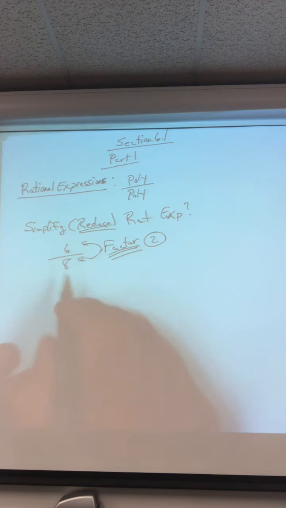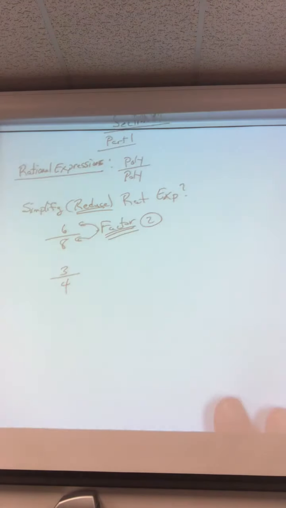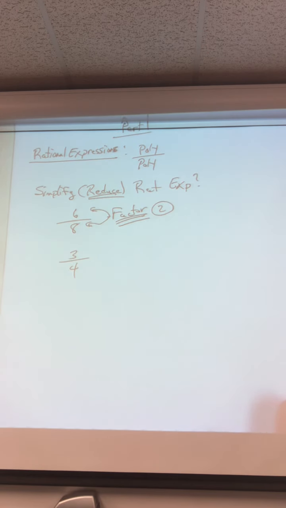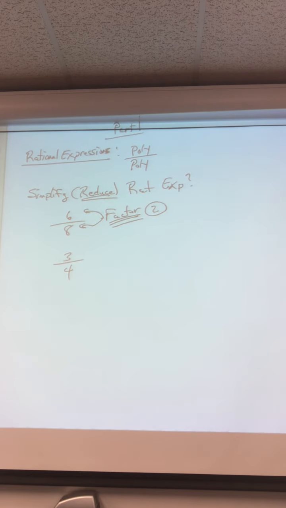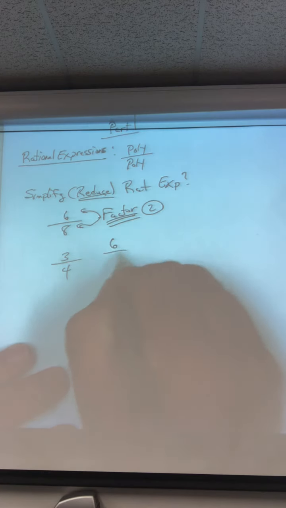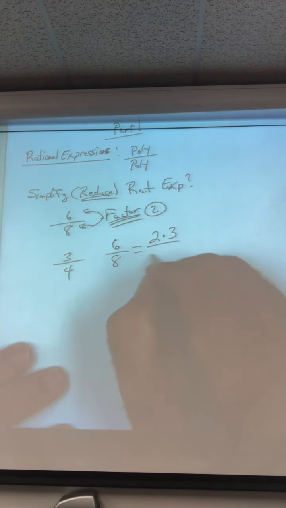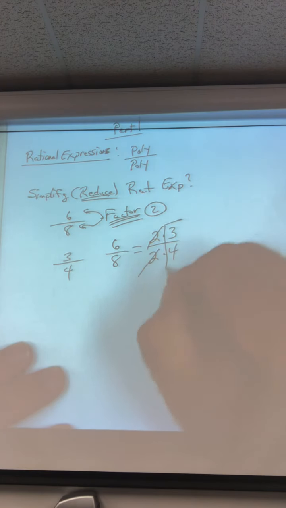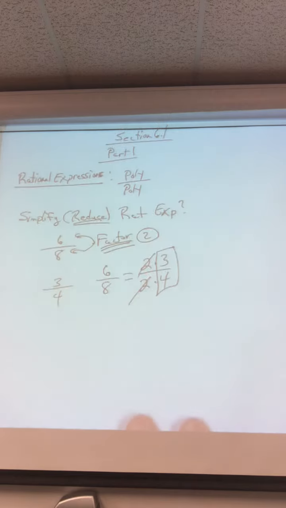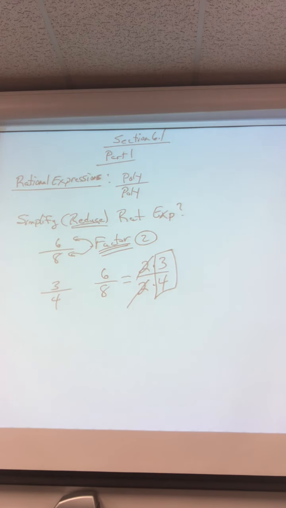So we divide 2 into 6 and 2 into 8. Now, when you were taught at a young age, you would do something like this. You'd take 6 over 8 and you'd say 2 times 3 and 2 times 4, and you cancel the 2's. And what's left is 3 over 4. But you do that now automatically in your head.